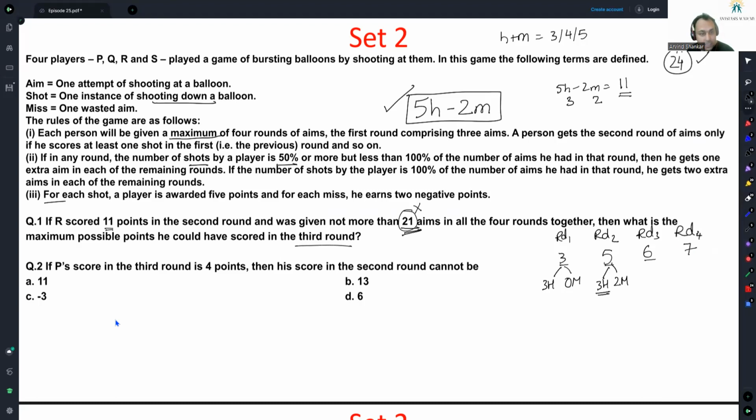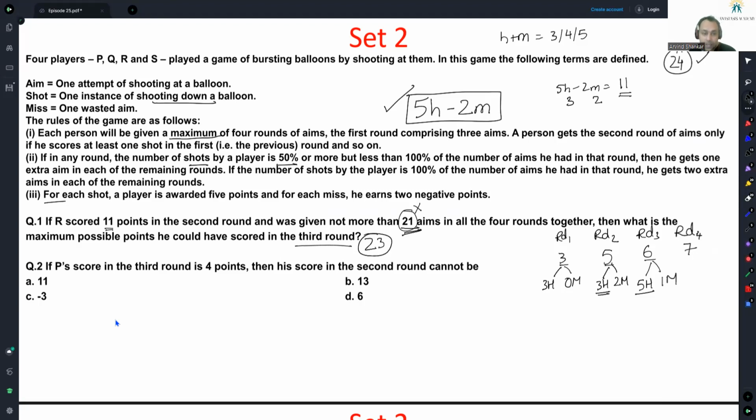So the best case possible would be 5 hits and 1 miss here, which now leads me to 5 hits giving me 25 points, 1 miss takes away 2 points. So the maximum points you could have scored in the third round is 23.